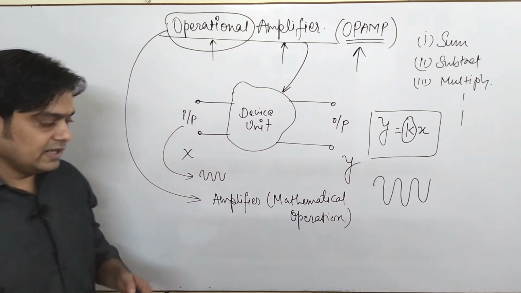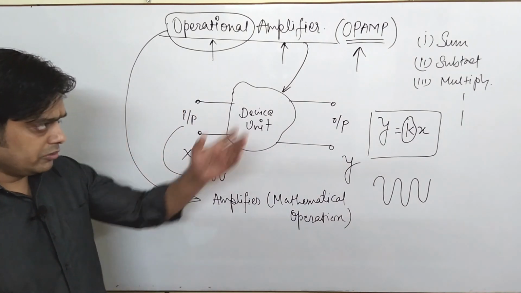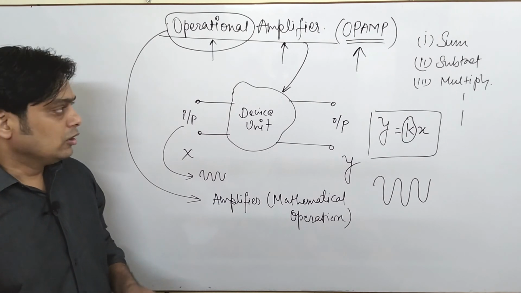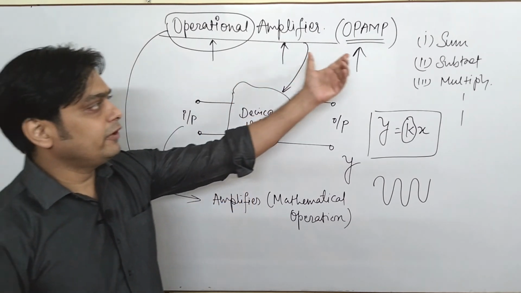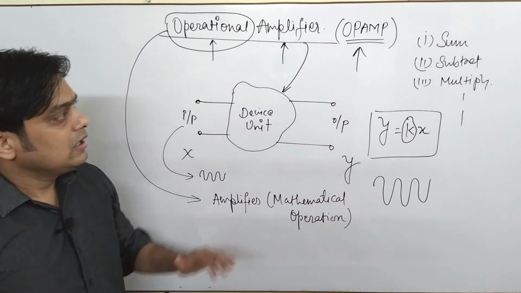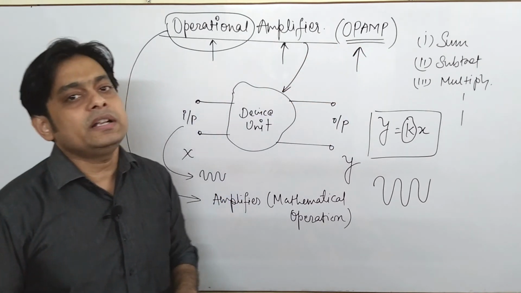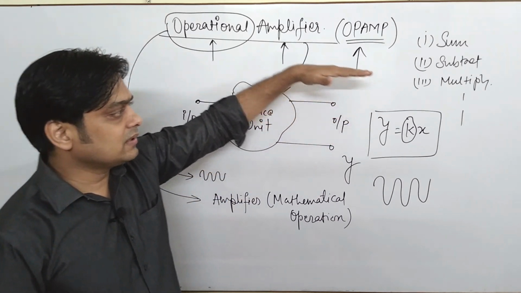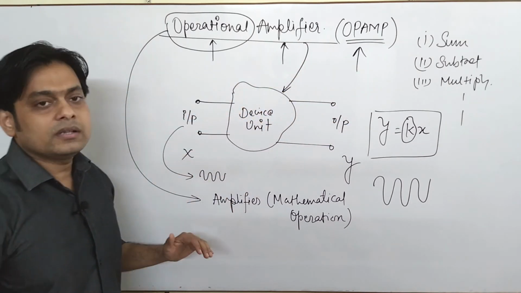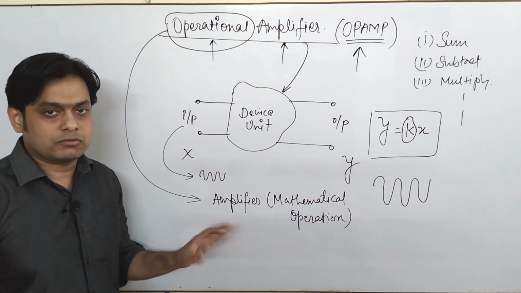So these are basically known as operations, or you can say mathematical operations. In electronics, you will find a category of amplifier which is able to perform different types of mathematical operations, and these mathematical operations are very useful while solving a network in different situations.